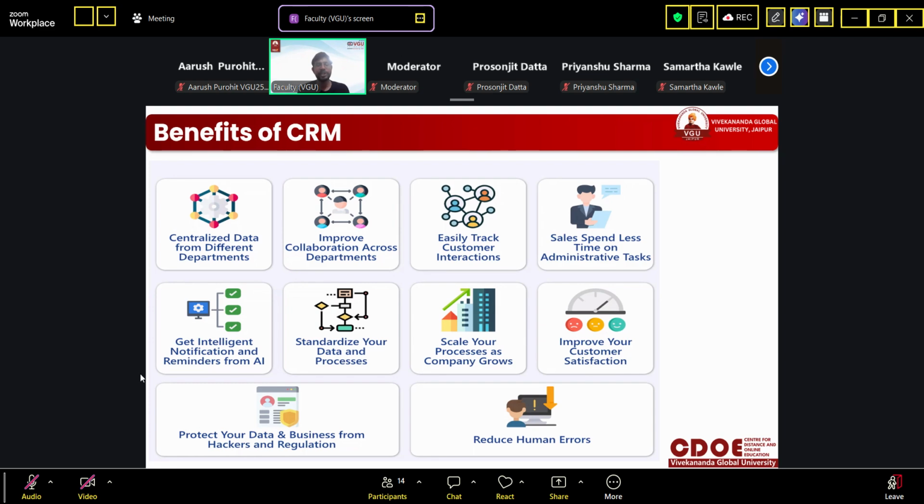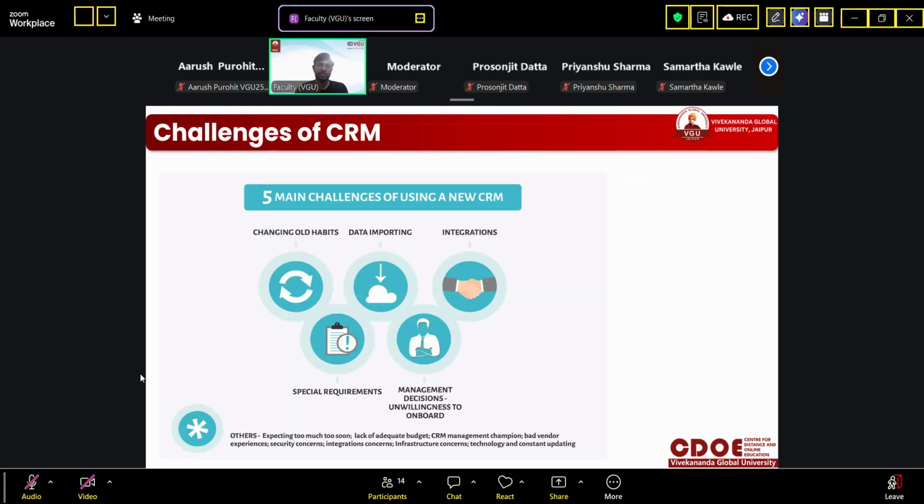Standardize your data and processes, so you do not need to do your tasks manually. So everything is in a process of automation. Scale your process as the company grows, improve customer satisfaction, protect your data and business from hackers and regulations, reduce human errors. So these are all the benefits we have.